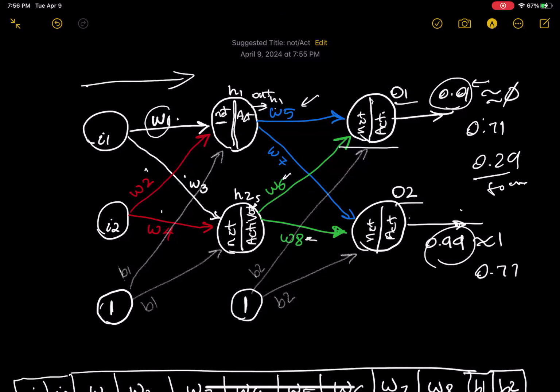You can see this is a huge difference between these two, whereas this one is much less. So the network should understand that the contribution of W5 and W6 should be larger compared to W7 and W8. Make sense?